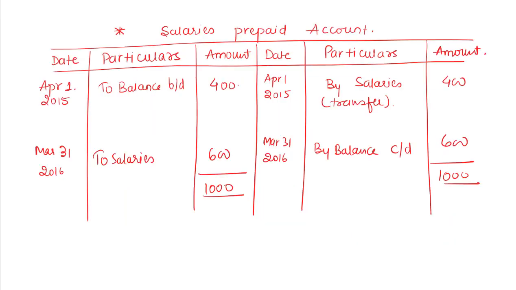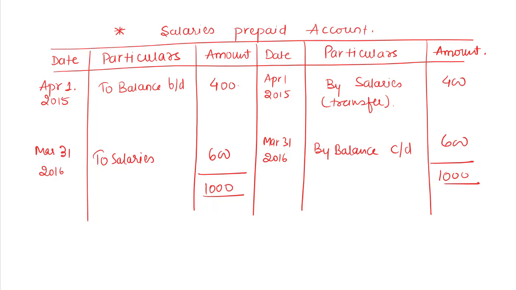The next is salaries prepaid account. First we have written to balance brought down 400. This needs to be transferred to the salaries account. So by salaries account transfer, that is 400. The closing balance is 600.